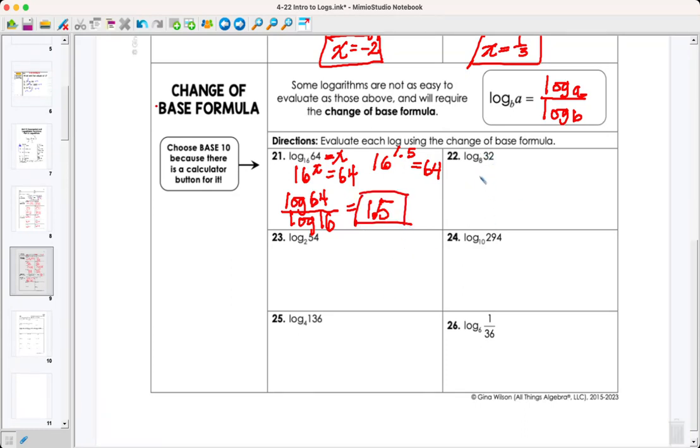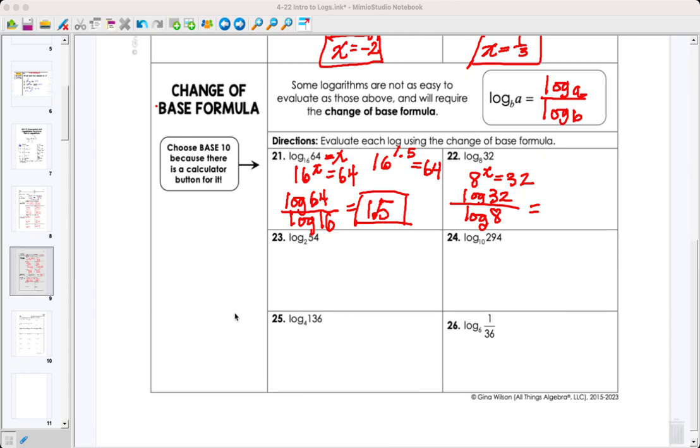Again, here we see we've got a log base 8 of what power to give us 32. Well, that's not going to be able to be done in your head. So we use the change of base function, which requires that I take my log of 32 and divide by log of 8. And again, I'm going to use the log button on my calculator.